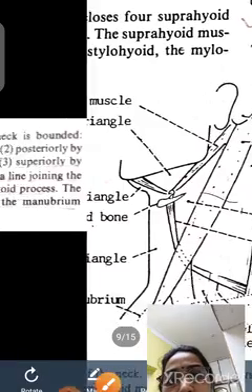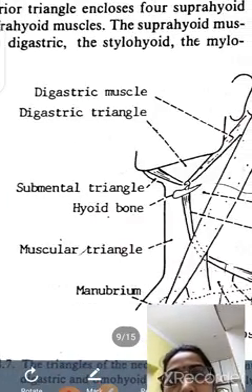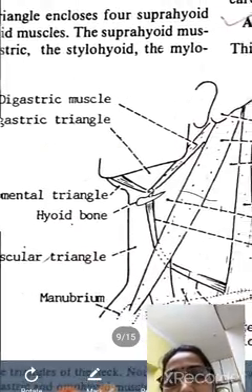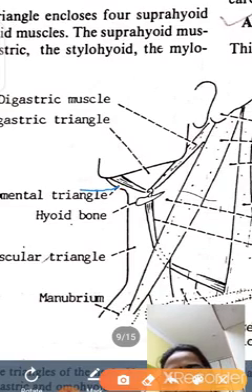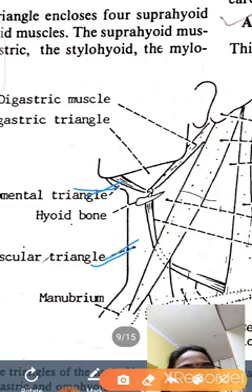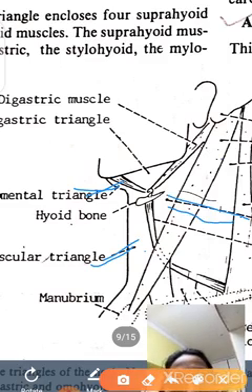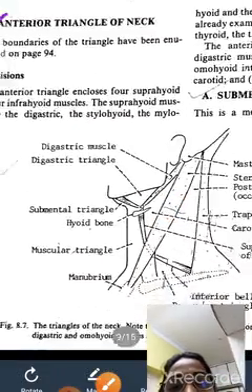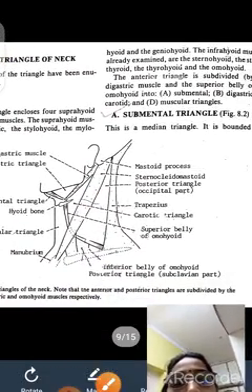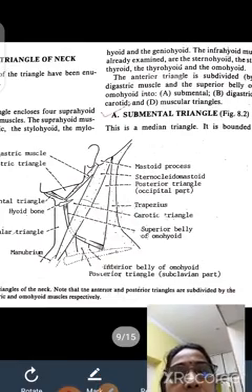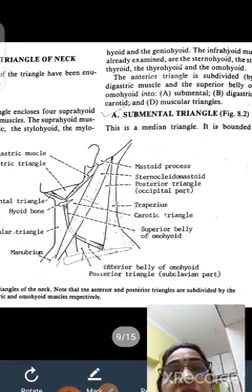Now this is your muscular triangle, and this is your carotid triangle, which you can see in the picture. Okay, so these are the various triangles present as the divisions of your anterior triangle.